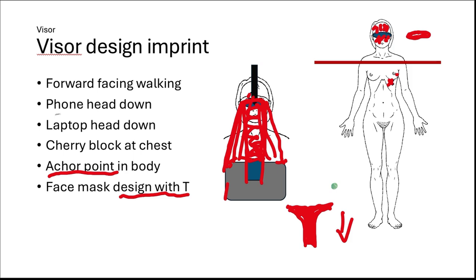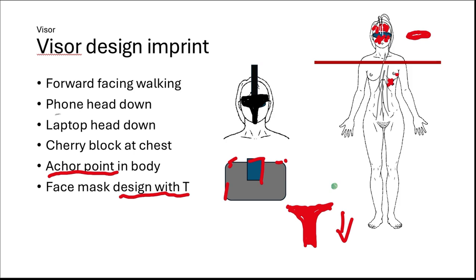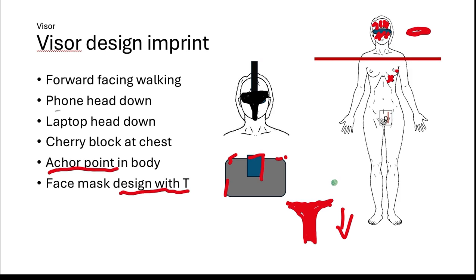So just to draw it in here, it's like this. The T with the energy flowing down, and this energy is coming from the back of the body, from this area here, flowing up the back of the body and then over the top of the head and then down into the T.